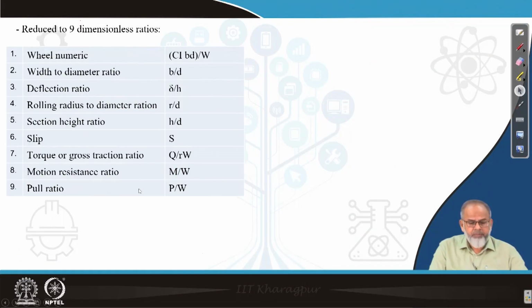Out of these 9, he identified the wheel numeric CIBD upon W, the width to diameter ratio B upon D, that means section width to wheel diameter, the deflection ratio delta upon H, the rolling radius to diameter ratio R upon D, the section height ratio H upon D, that means section height by overall diameter, slip, torque or gross traction ratio Q upon RW, motion resistance ratio M upon W and pull ratio P upon W. So, these are the 9 dimensionless ratio variables he identified.